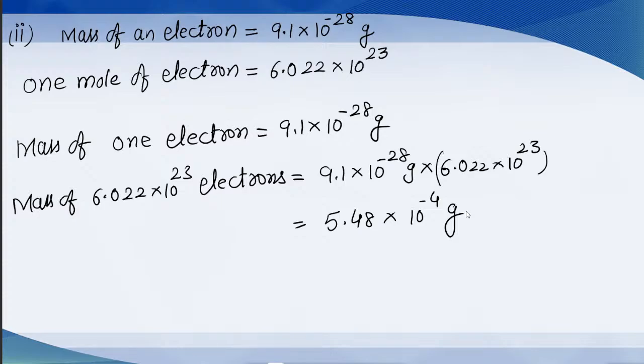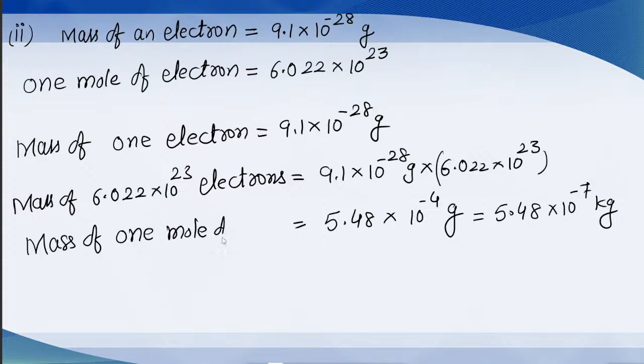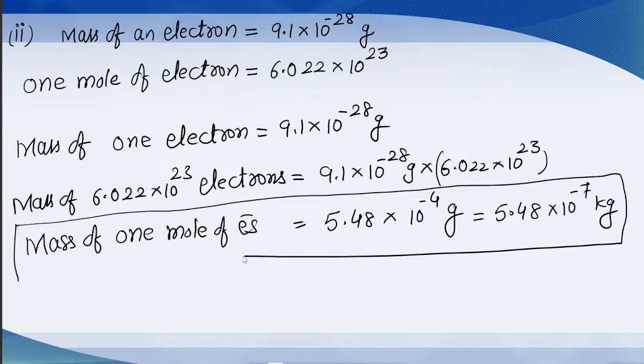So in scientific notation it is 5.48 into 10 raised to minus 4 gram, or you can write 5.48 into 10 raised to minus 7 kg. So this is the mass of 1 mole of electrons.